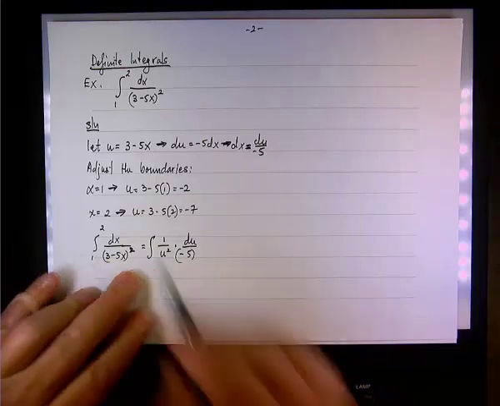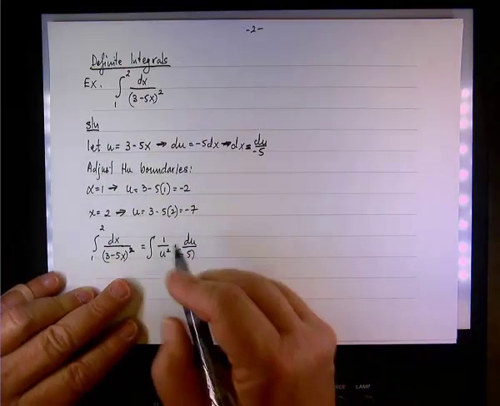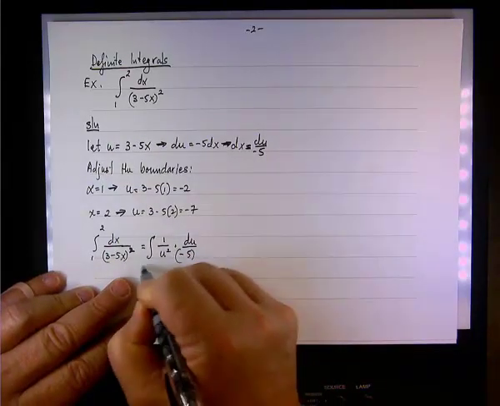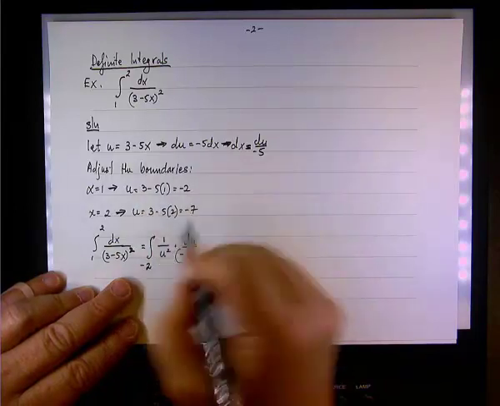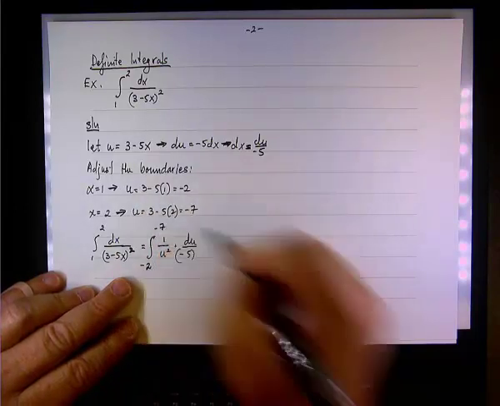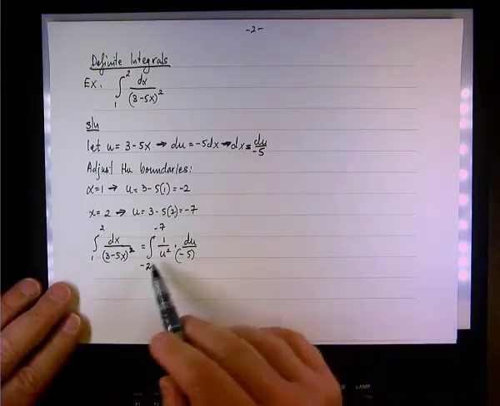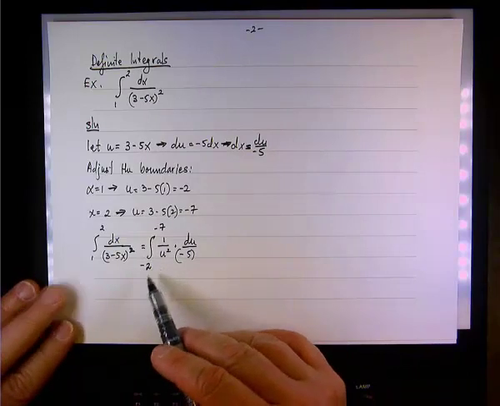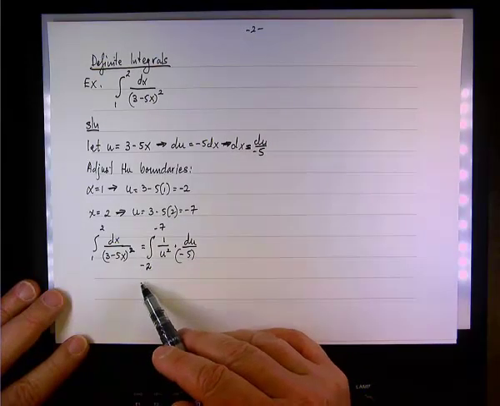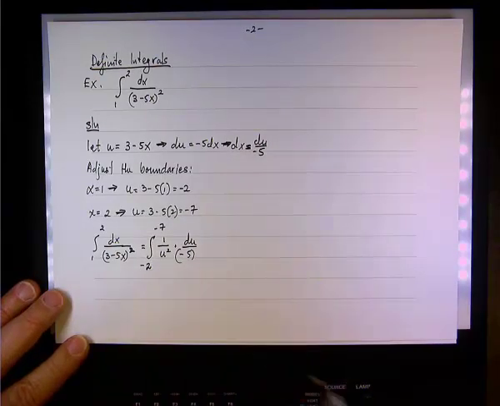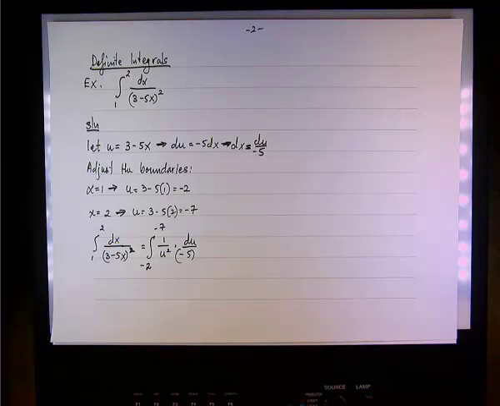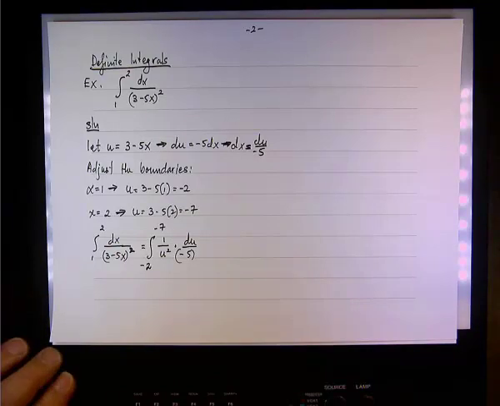Now the boundaries: when x equals 1, u equals negative 2. When x equals 2, u equals negative 7. And if you look carefully at the boundaries, we go in reverse. Instead of going forward, we go from negative 2 backward to negative 7. So we use the property of the integral that states that the integral from a to b is the negative of the integral from b to a.